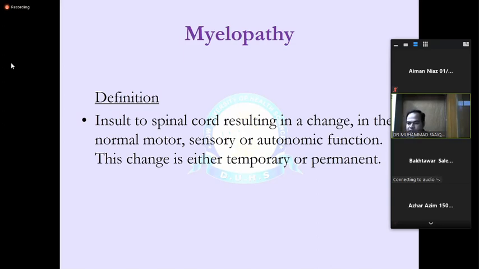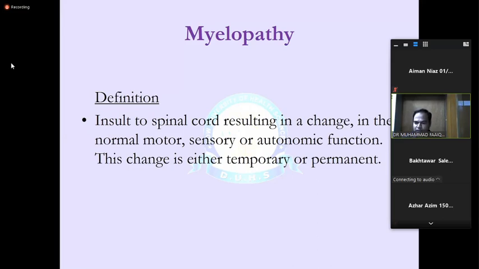So signs and symptoms because of any pathology of a nerve root are called radiculopathy. You can also say the clinical presentation of a pathology of a nerve root is called radiculopathy.